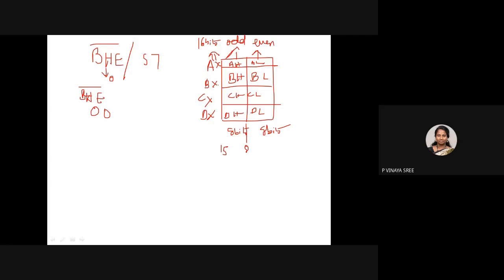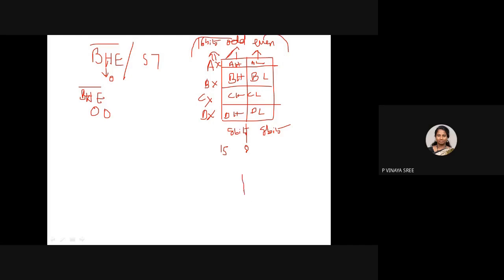So when odd banking is activated is based on BHE bar. But for even banking, we use a different pin for activation.